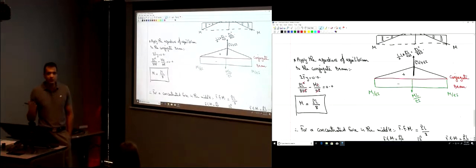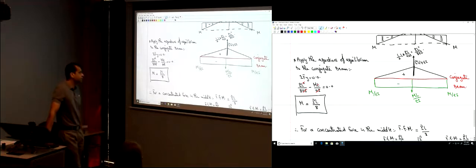You have this at the back of your book, so you don't have to memorize it. Although for a uniformly distributed load, I hope you would memorize them, but if you don't, I will give you those values on the test. So for a concentrated force right in the middle, it's PL over 8.